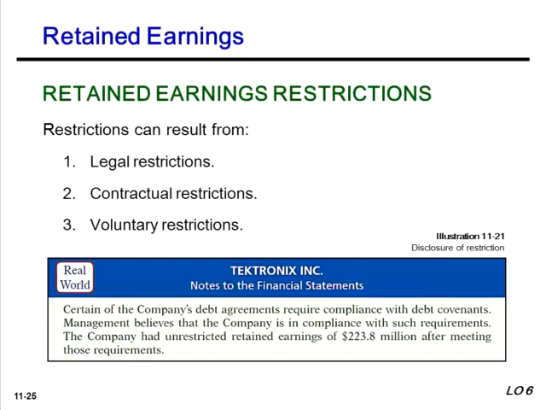So there can be legal restrictions, there can be contractual restrictions, and one example of a contractual restriction was a debt agreement, a restrictive covenant on a debt agreement. And voluntary restrictions, what that means is that the corporation itself has restricted or set aside a portion of their retained earnings for a special purpose. That special purpose may be to expand the business or to buy a piece of equipment.